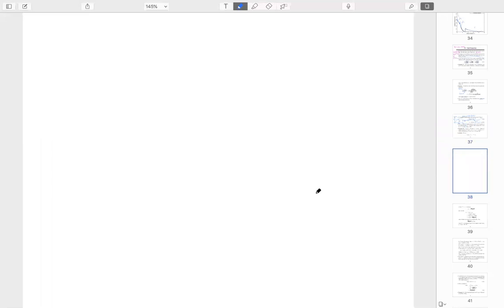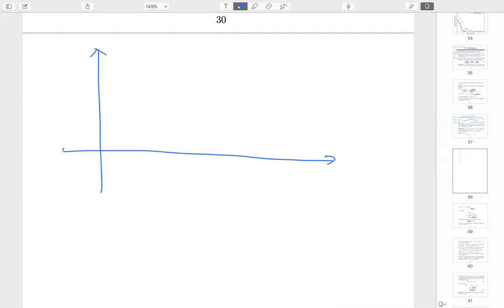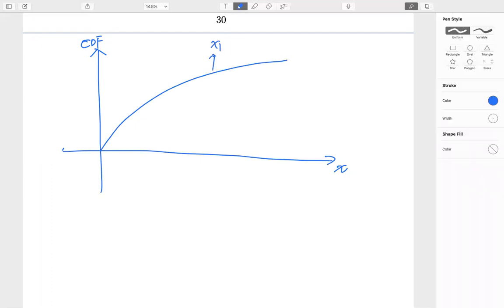So let's say I have 2 distributions. Now I have enough space, so I'm going to draw it a lot bigger. So this is X. This is the corresponding CDF. So this is the graph for CDF. Let's call this the CDF of X1. Let's get a different color.